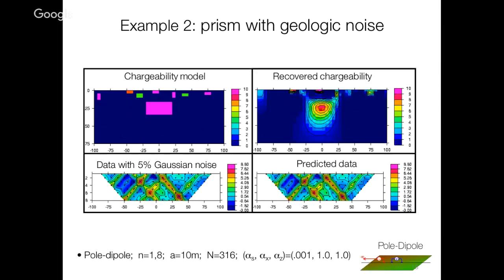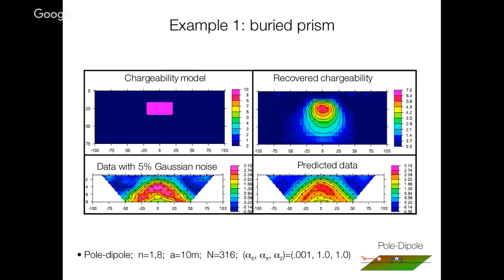Yeah? In the other picture, for that one, that is the model forward, no? Yeah, so this is the forward model data. And that one is the inversion? That's the predicted data. And this is the inverted model, and this is the predicted data from.